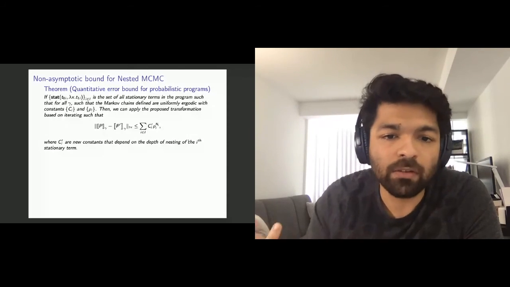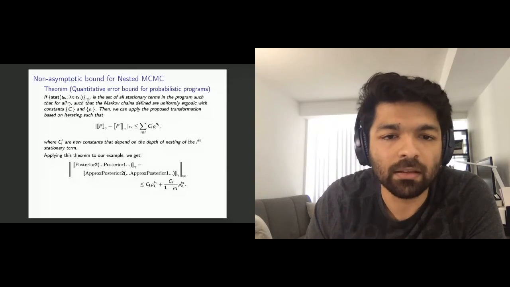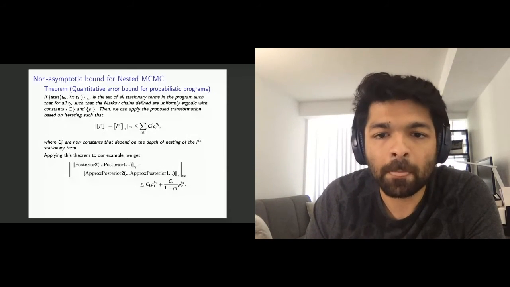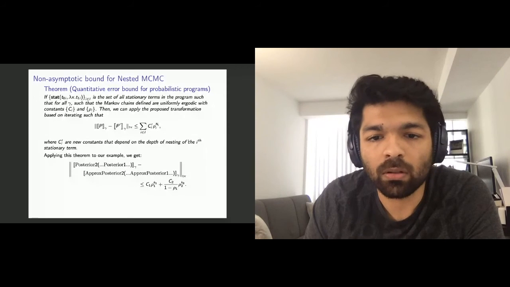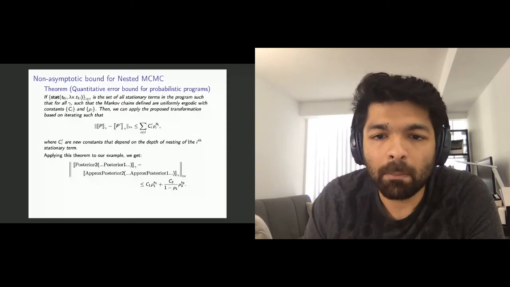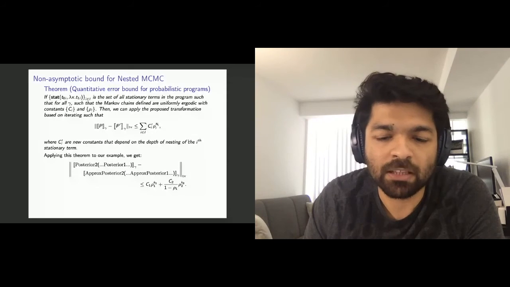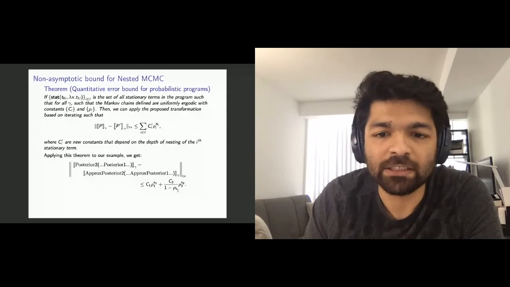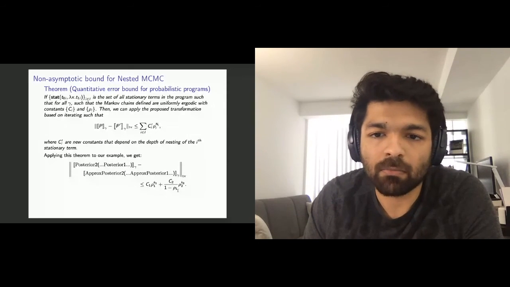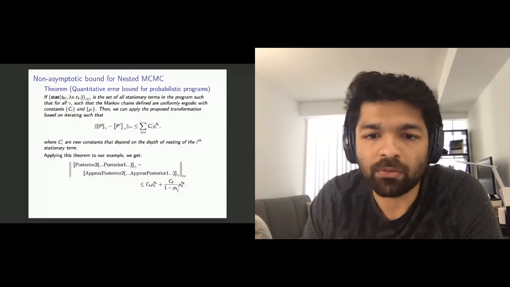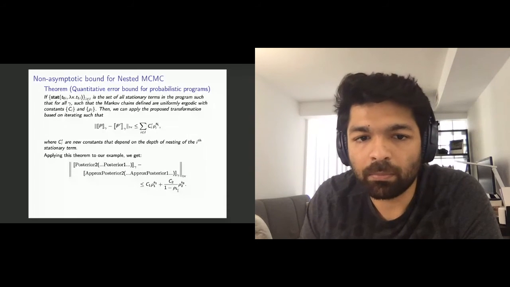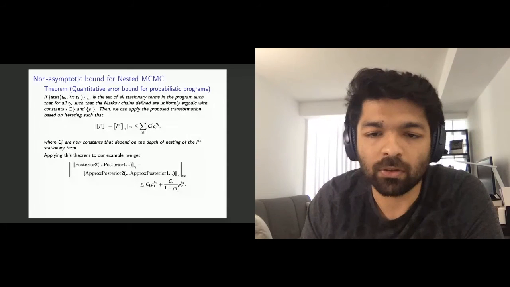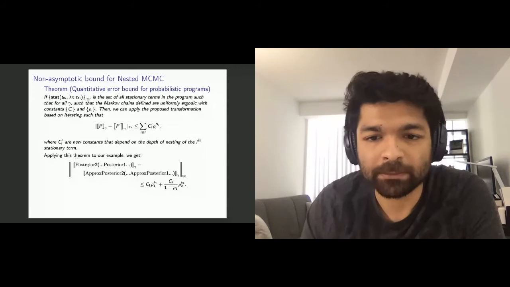So if we go back to our previous example, if we had the nesting of two such programs, then we can control the approximation error by this particular term. The constant C2 was the constant for the Markov chain represented by our posterior 2, but this constant is scaled up, essentially.